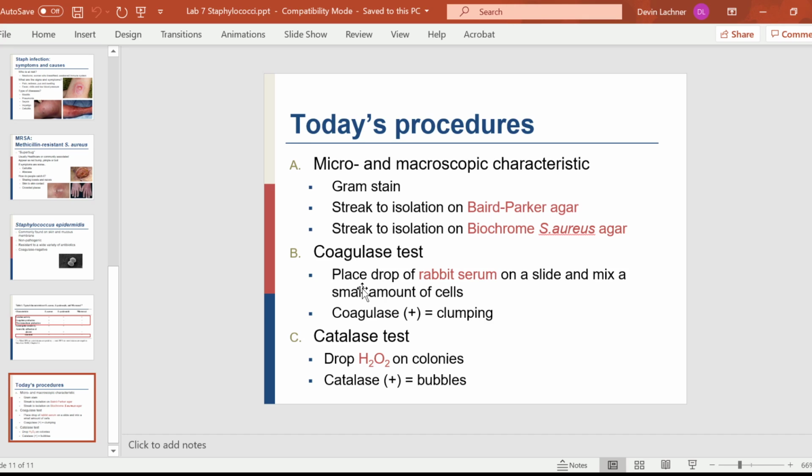And we also would have been placing a drop of rabbit serum, which is blood from a rabbit, on a slide, and then you mix that together with some of the cells, and if the cells can create coagulase, then the blood will begin to clump and you'll see clumps. And then in order to test for catalase, you can place H2O2 on the colonies, and if catalase is present, then you will have bubbles appearing on the colonies.